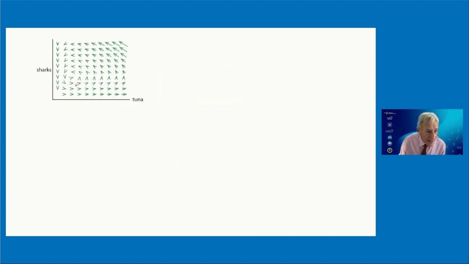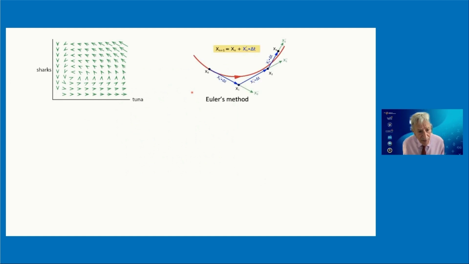Now, I was tracing this with the cursor, but of course there's a rigorous way to do that. And that is the Euler's method that the National Academy of Sciences was talking about. In which you simply start from an initial condition, get the change arrow, follow the change arrow for a very short time, delta t.